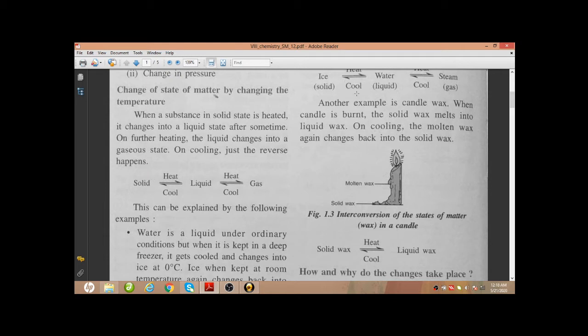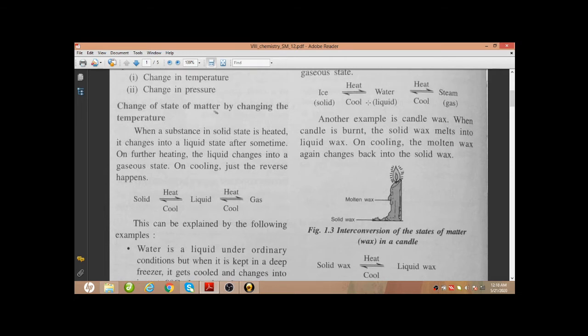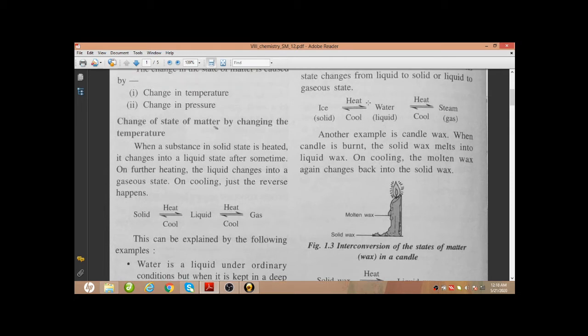So this we can see for the state of water also. The solid state, that is ice, will convert to liquid water by heating. The molecules of ice, their intermolecular force of attraction will decrease on heating, their kinetic energy will increase, and their intermolecular gaps will increase.